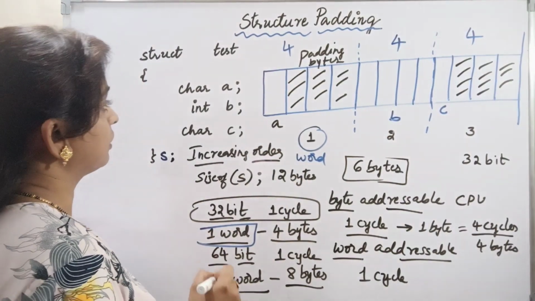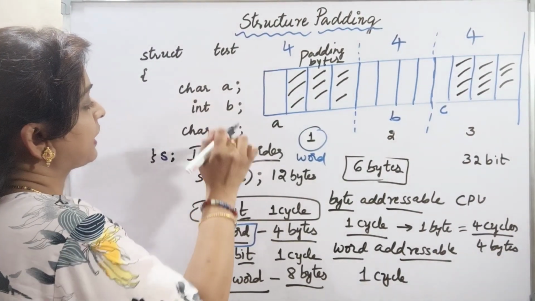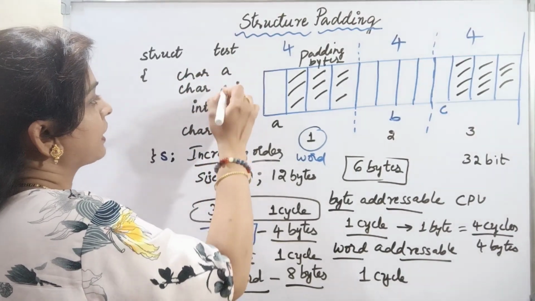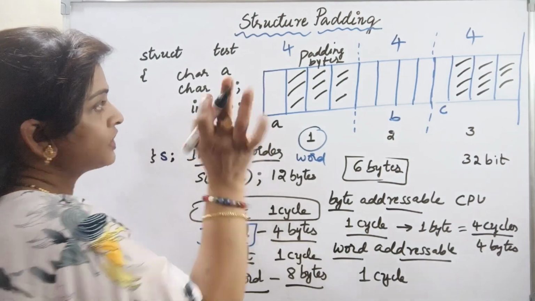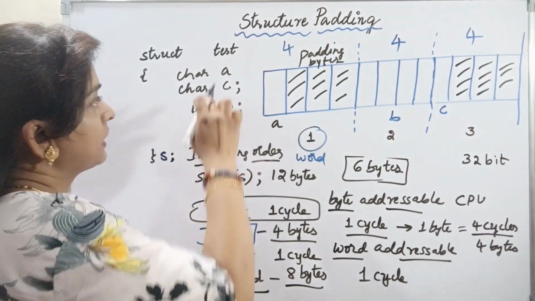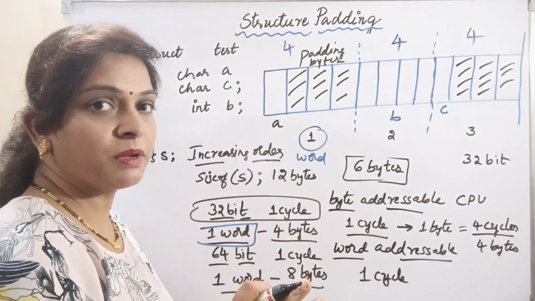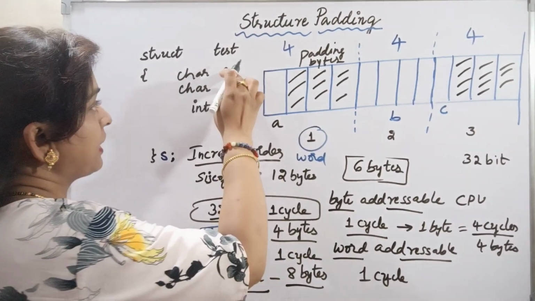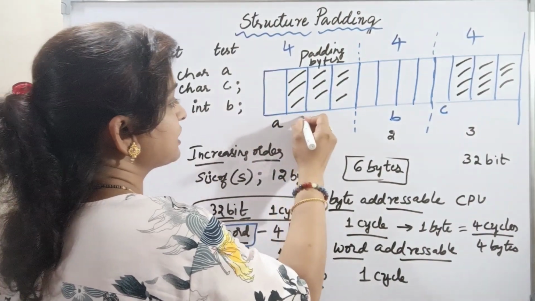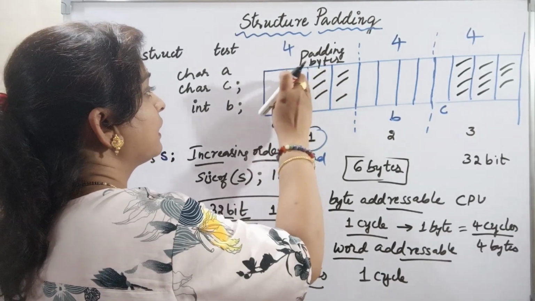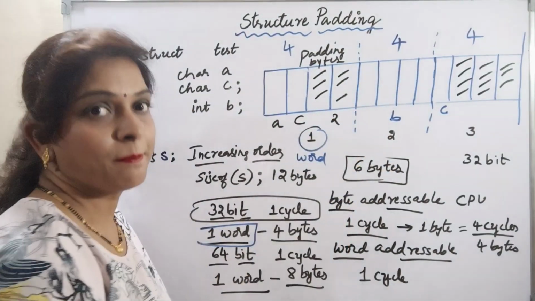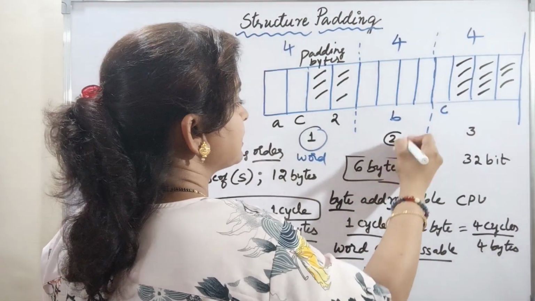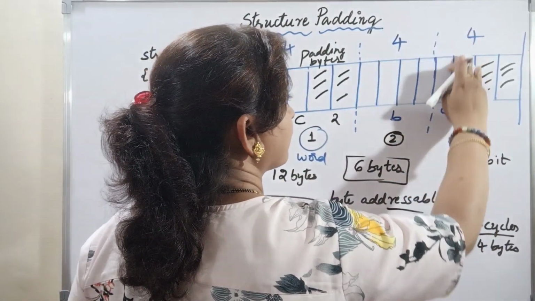So what I can do here is declare character A, character C, then integer B. Characters can be allocated anywhere, since each is 1 byte, so they can be taken continuously. Character A takes 1 byte, character C takes 1 byte, and the remaining 2 bytes will be padding bytes. Then we have the integer, which is 4 bytes. This is the first word, this is the second word, and no third word is required.